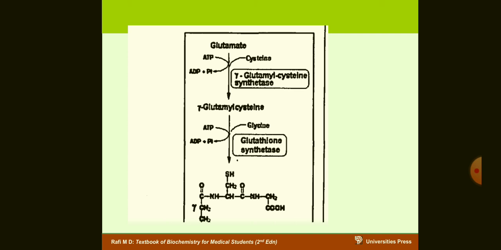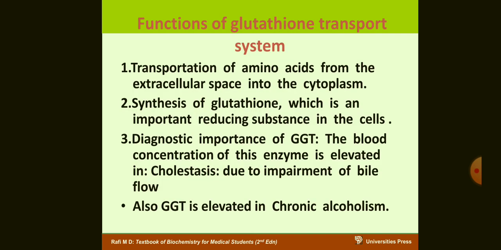So this glutathione formation requires two ATP molecules. Now, this is the reaction utilized for taking the amino acid from outside the cell to inside the cell.